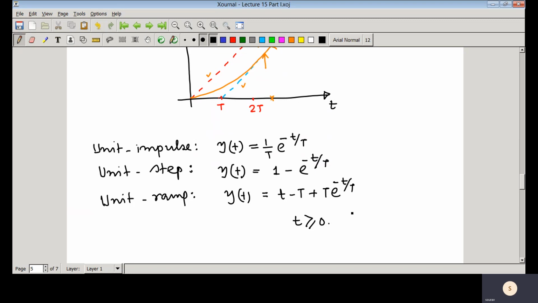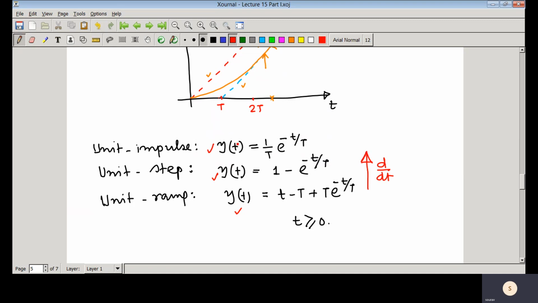So one interesting thing we can see here is that if we take the derivative of this ramp response, we will get the step response. And again, if we take the derivative of the unit step response, we will get the unit impulse response.